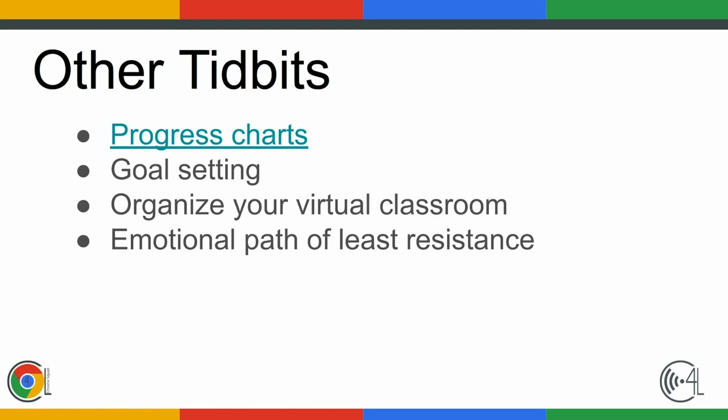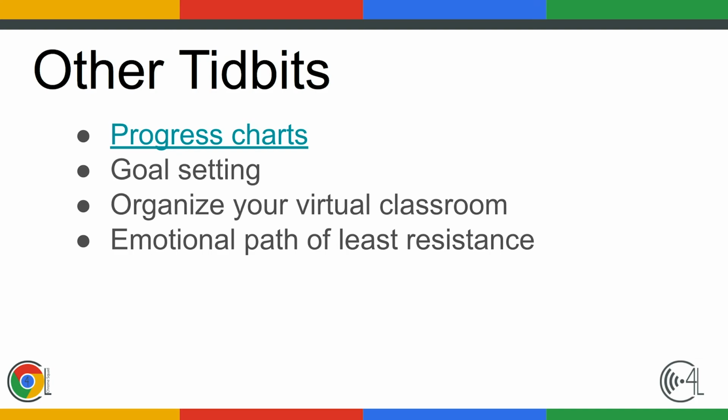Okay. Couple other things to consider is providing your kids with a progress chart so they can track what they've gotten done, what they still have left. So the link there is an example of one that I use with my own kids to help them keep track of their assignments and where they're at.